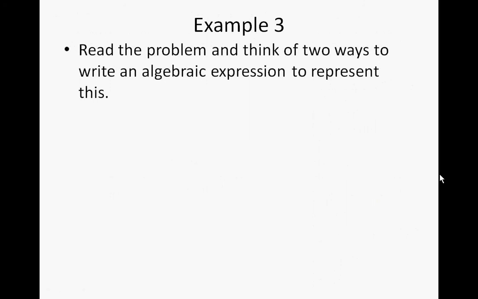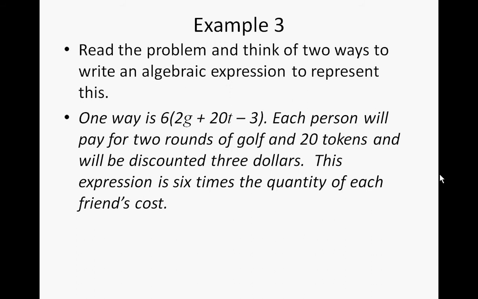So let's continue with example 3. So read the problem and think of 2 ways to write an algebraic expression to represent this. Well, one way is 6 times the quantity of 2 times g plus 20t minus 3. Each person will pay for 2 rounds of golf and 20 tokens and will be discounted $3.